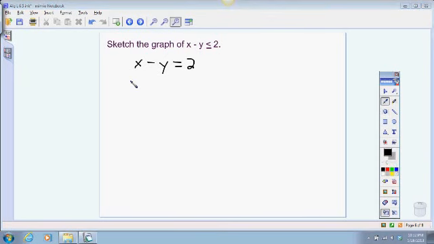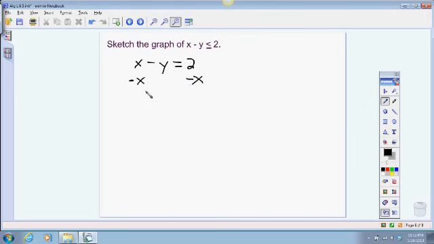So I'm going to put this into slope-intercept form, y equals mx plus b, by subtracting x from each side. Not forgetting that this is a negative y, or -1y, equals 2 minus x. You can think of it as plus -1x, however you want to think of it.